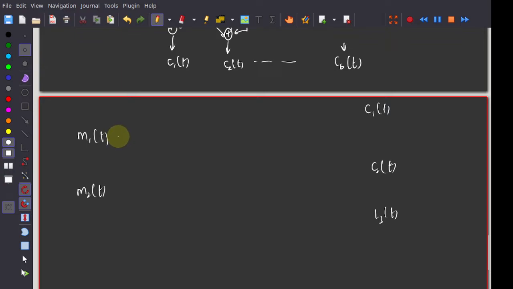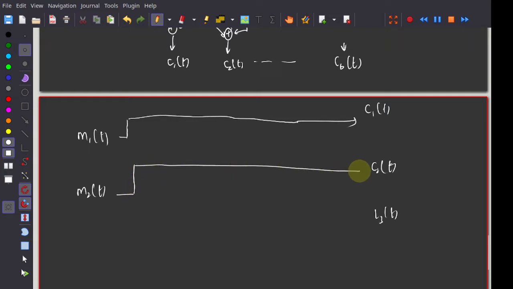C1 of t is exactly equal to M1 of t. C2 of t is exactly equal to M2 of t. Now C3 of t is some combination of M1 of t and M2 of t.